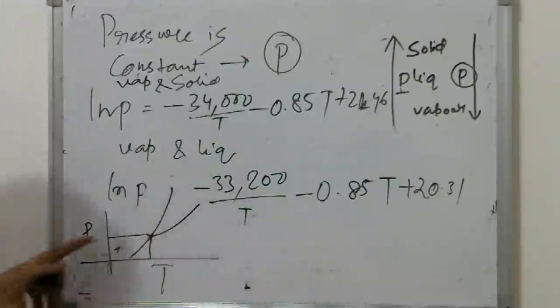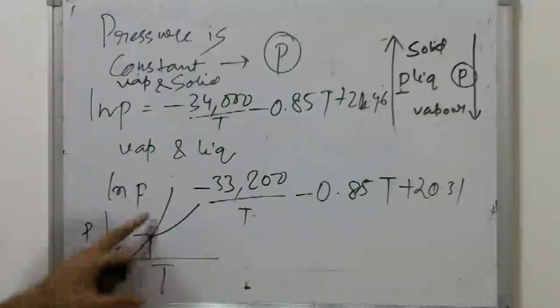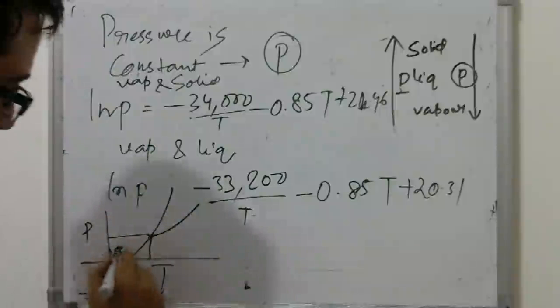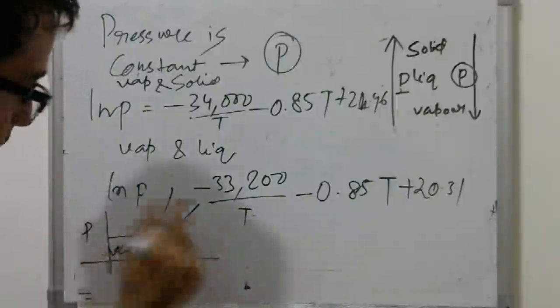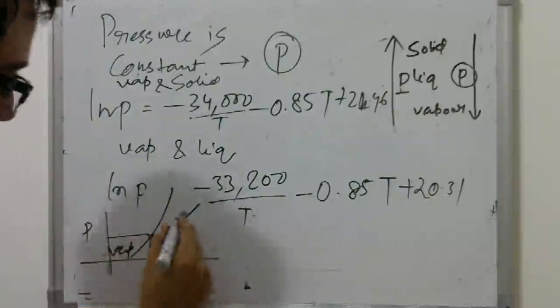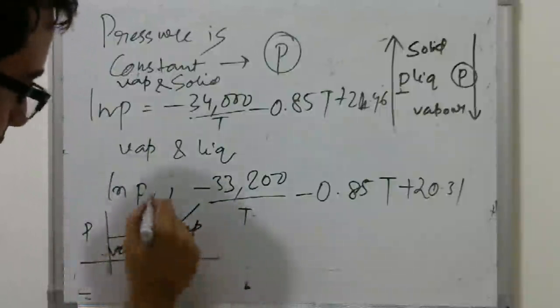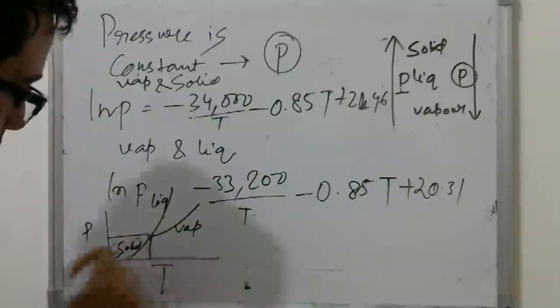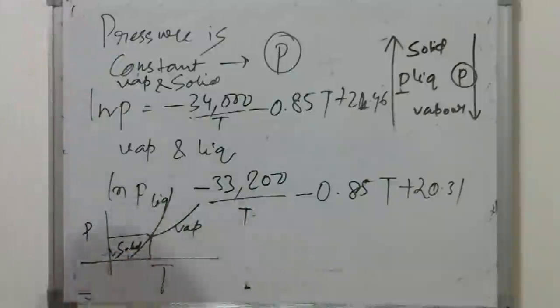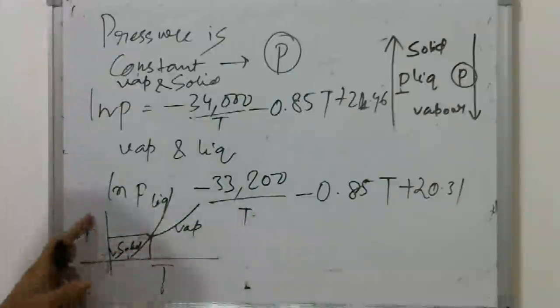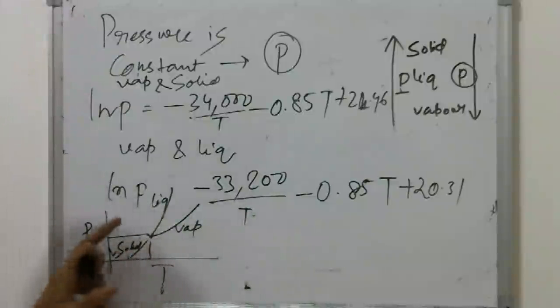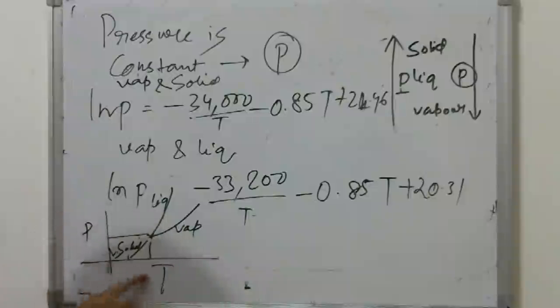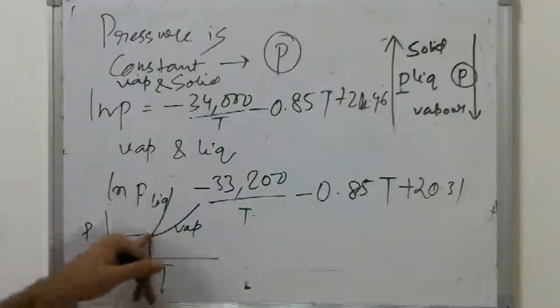From this equation, these are the plots. Here at higher temperature it will be vapor, then liquid, and this is solid. Solid, liquid, vapor. The temperature can be anything, and I'm trying to find this point.